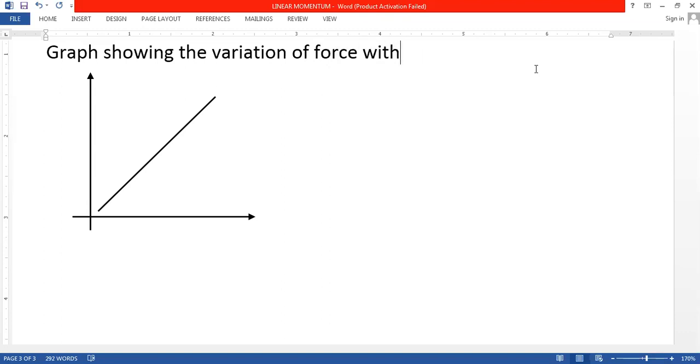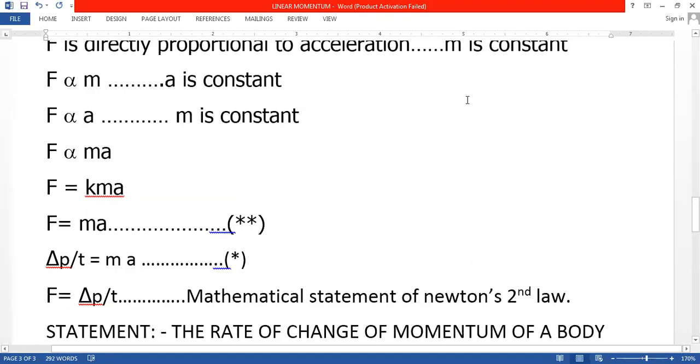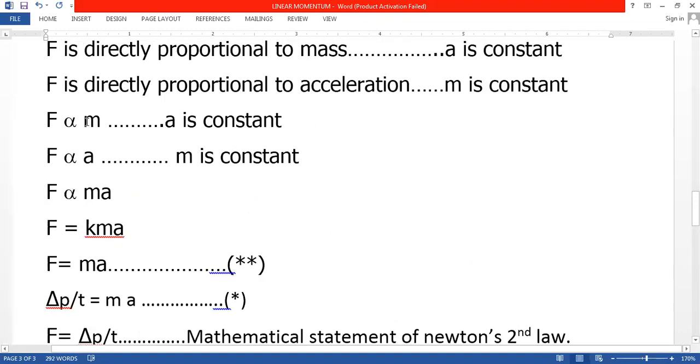Now what we observe in the force and mass relation is that as the mass increases, the force required to produce the necessary acceleration will also increase. More is the mass of the object, more will be the force required to produce the constant acceleration. And less is the mass of the object, less will be the force required. Clear? So this is the variation between force and mass.